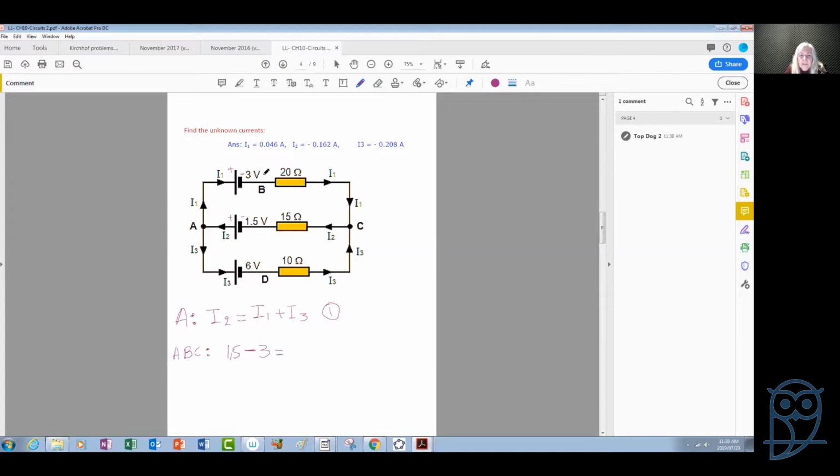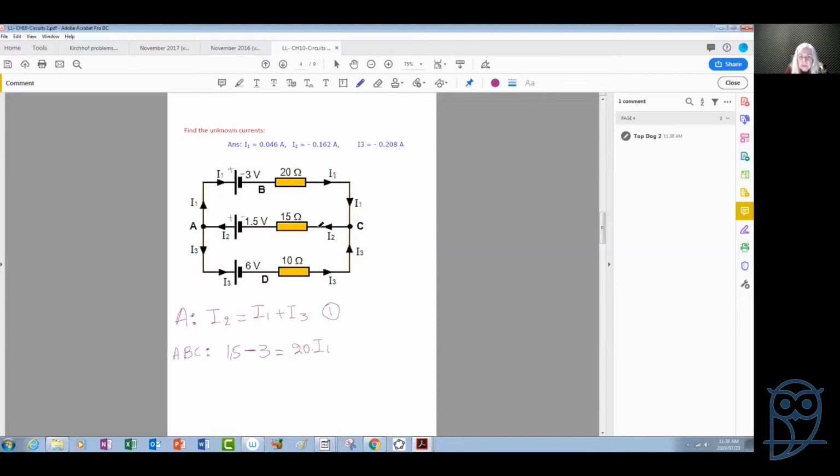There's no other EMF in this loop. Now let's take the sums of the potential differences across the resistors. Here we have one resistor, 20 ohms, with the current I1. This is I1 in this direction, so this will be positive: 20 times I1.